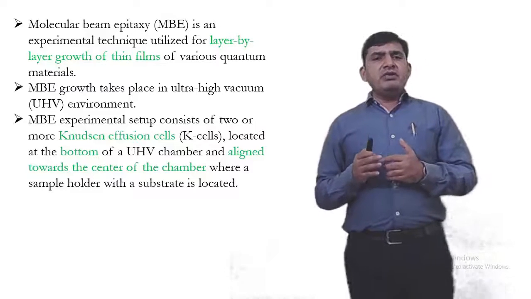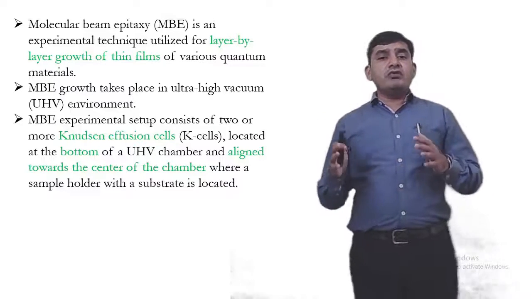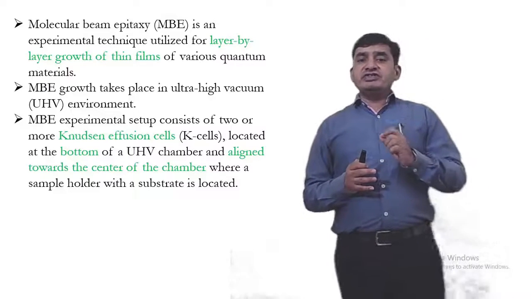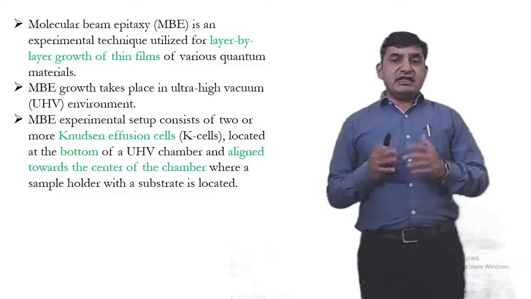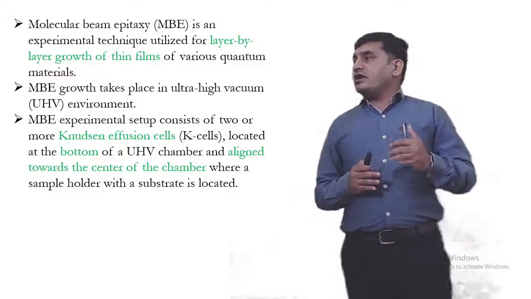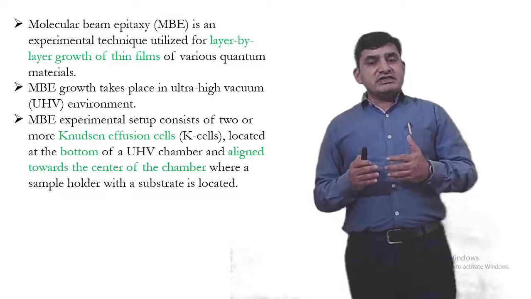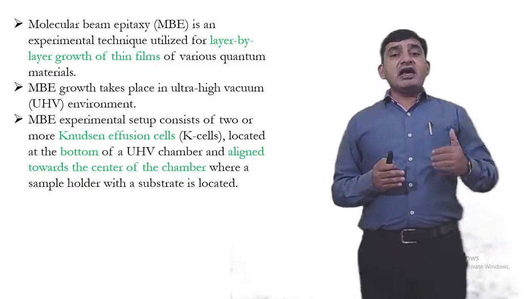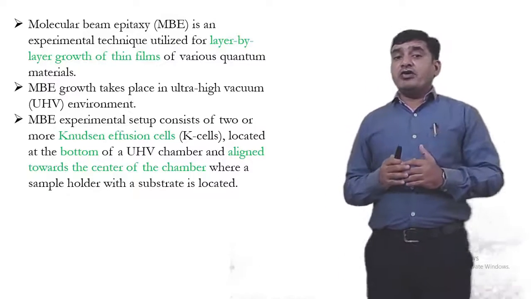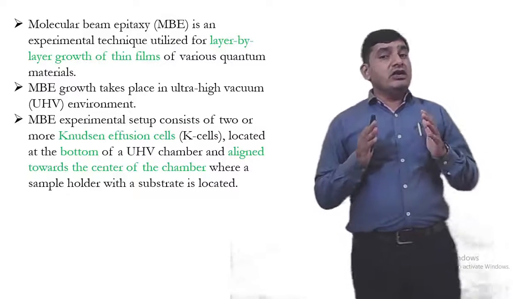The molecular beam epitaxy experimental setup consists of two or more Knudsen effusion cells, or we can say K cells, which are located at the bottom of an ultra high vacuum chamber, and these K cells are aligned toward the center of the chamber where the sample holder with substrate is located.